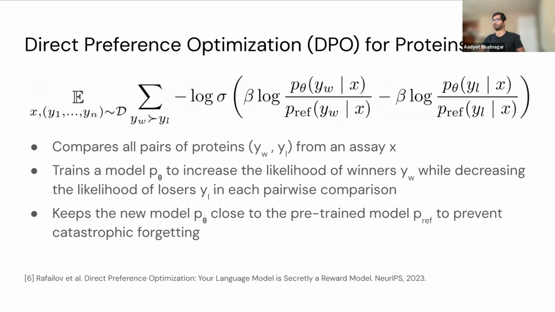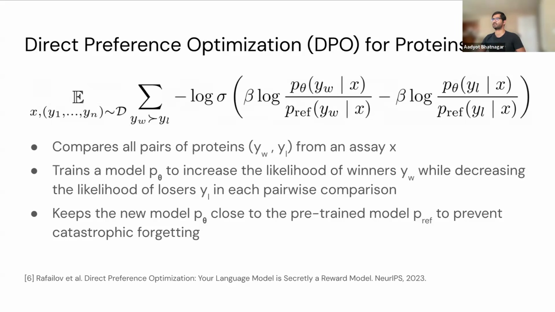And in this particular setting, X is our assay, and Y1 through YN are all of our proteins. We say YW is better than YL if the fitness value measured for YW is more than, let's say, delta better than it is for YL. This delta, the gap that you're setting, is case by case and depends on the noise level of your assay.